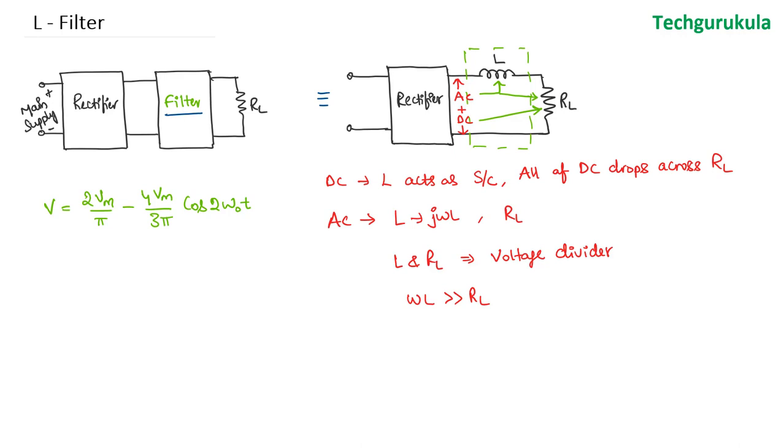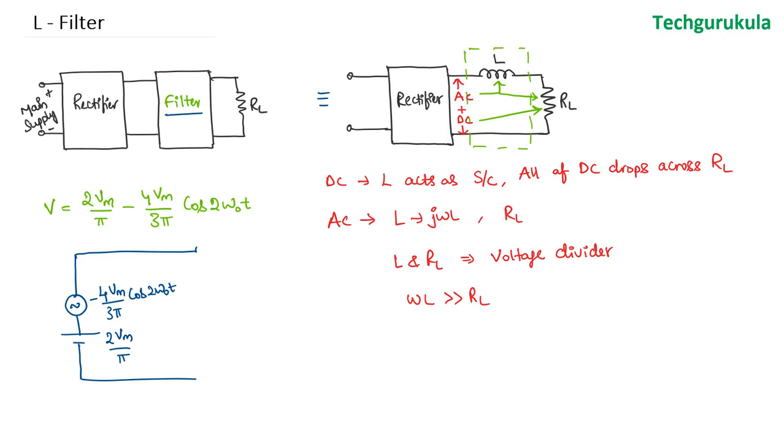The output of the rectifier can be modeled like this: the AC source is 4 Vm by 3 pi cos 2 omega naught t, of course with a minus sign, and the DC voltage is 2 Vm by pi.